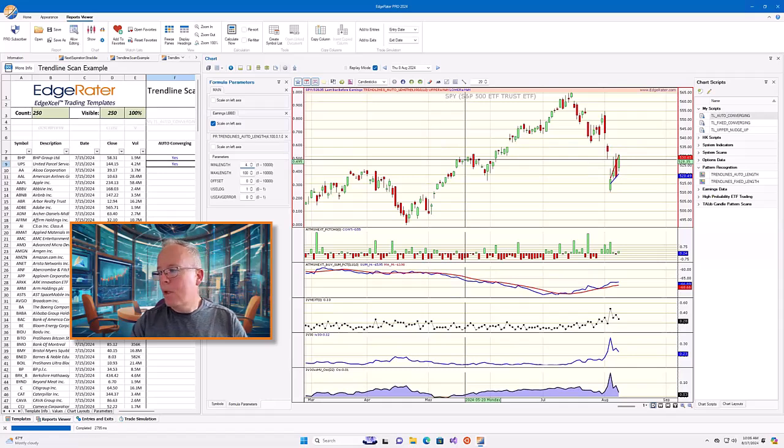That's the only way to get it, is to have the real-time data, and the only real-time provider of data at the moment is Thinkorswim, which has a mechanism for hooking into their data, which is an Excel spreadsheet mechanism, and that's what EdgeRater uses to get that data.